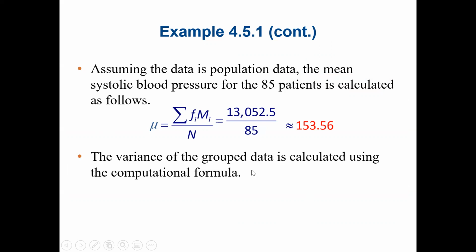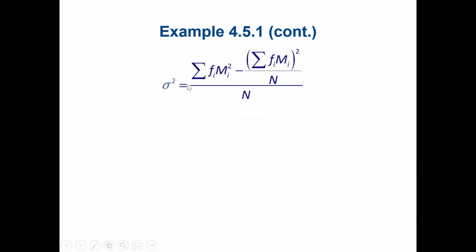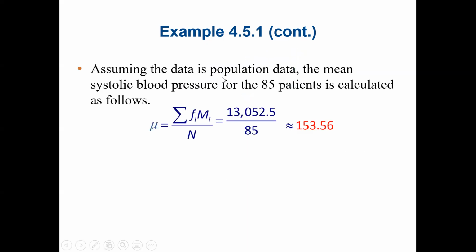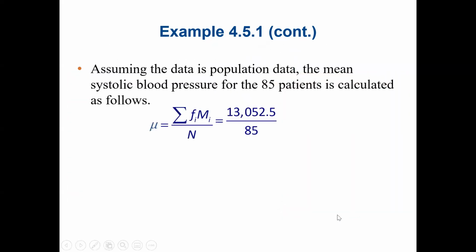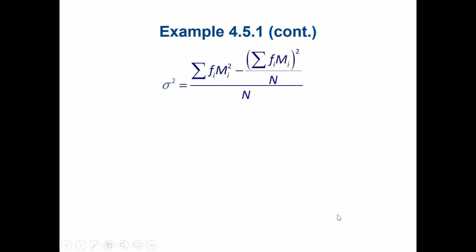Then we can also find the variance, and this is our formula. We already have the sum of Fi Mi square in our table. Let's go back again. We find the Fi multiplied by Mi square, and we sum all together. This is our sum. So we are going to plug that value into the formula.